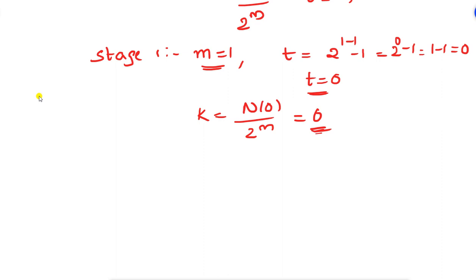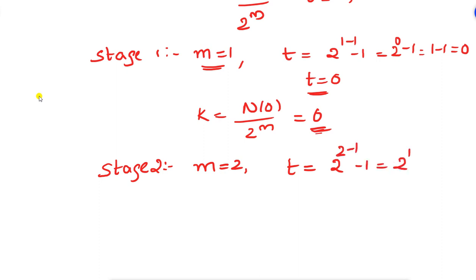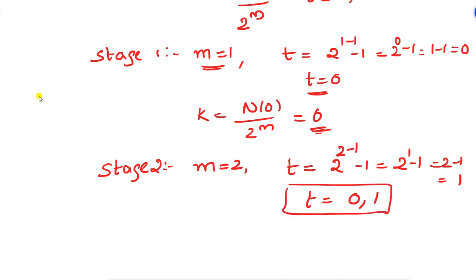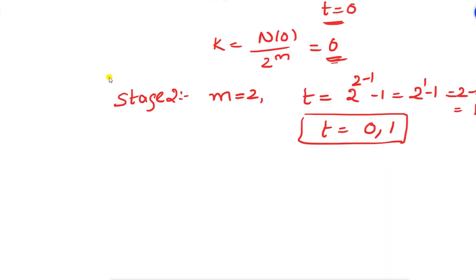In stage 2, the stage index value is 2, and the t value is 2 power 2 minus 1, minus 1, that is 2 power 1 minus 1, that is 2 minus 1, which is equal to 1. So we need to consider up to 1. So we need to consider 0 and 1. This is very, very important. We already know that if m is equal to 2 and t is equal to 0, we obtain k equal to 0.